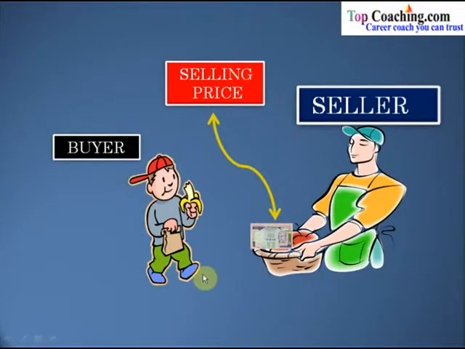So finally we can say that this very amount is the cost price for this boy, but for this man it is the selling price because it is the price at which he is selling his fruits. So that's the basic difference between cost price and selling price. Cost price is the price at which the buyer buys his product and selling price is the price at which the seller sells his product.